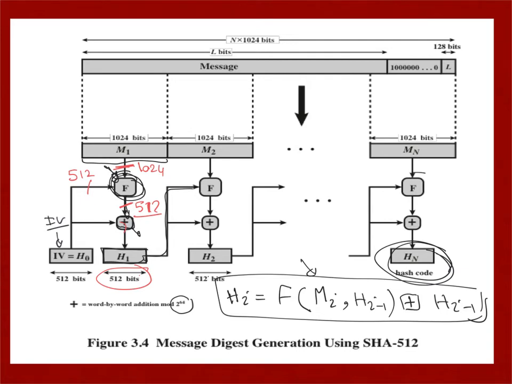Yes, but what you could do is divide the 1024 into low 512 and high 512, and then take the low 512 and perform XOR with the IV. And then the result would be XORed with the other high 512 and so on. You can do that easily.